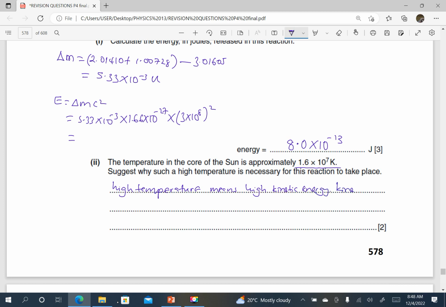So the kinetic energy of the proton and deuterium must be very large so that the nuclei overcome the electrostatic repulsion between them.